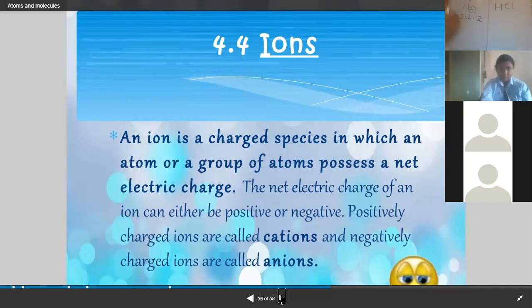In the same manner, to calculate the molecular mass of O2, we know the mass of one atom of oxygen is 16. How many atoms are there? 2 atoms. So multiply by the number of atoms and you get 32 units.